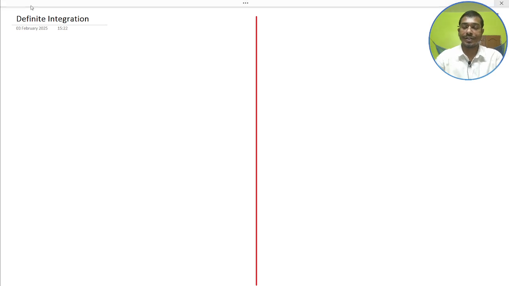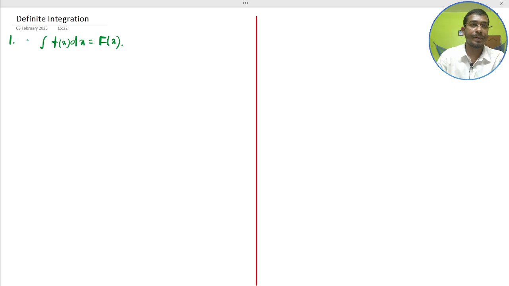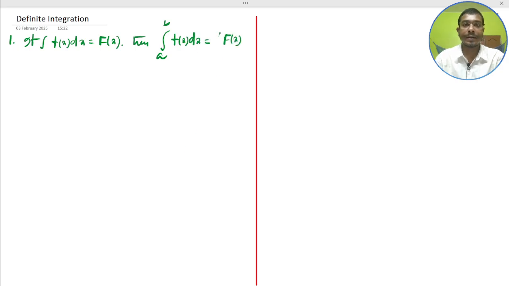So for definite integration, first of all, if the integral of f(x) dx is capital F(x), then the integral from a to b of f(x) dx would be F(x) evaluated from a to b.